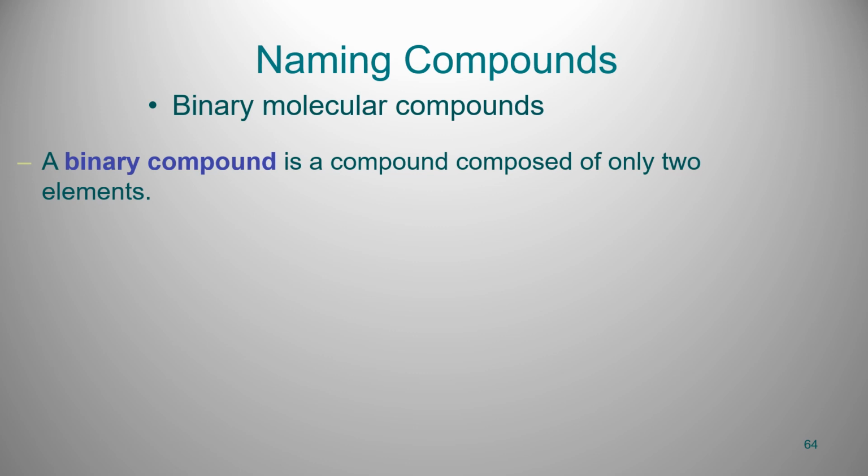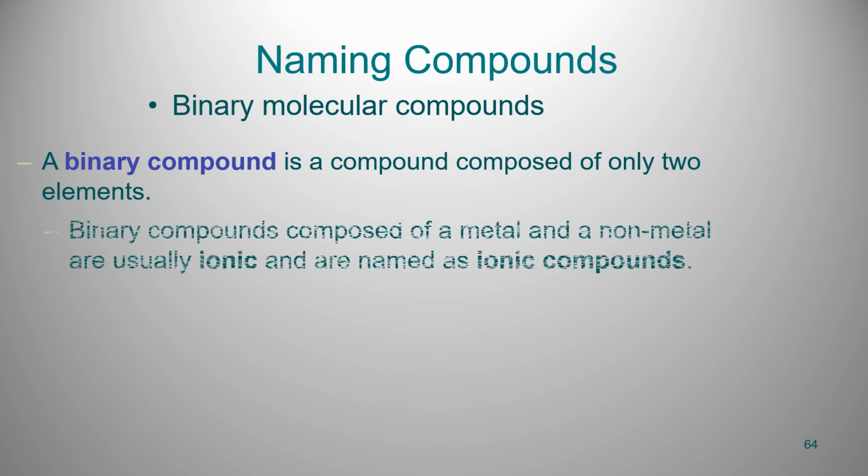So this will get rid of any of those polyatomic ions. So if you have a polyatomic, we know it's ionic. So the only two that you have to distinguish between are whether it's a metal and a nonmetal or two nonmetals. So a binary compound is a compound composed of only two elements. Binary, of course, just means two.